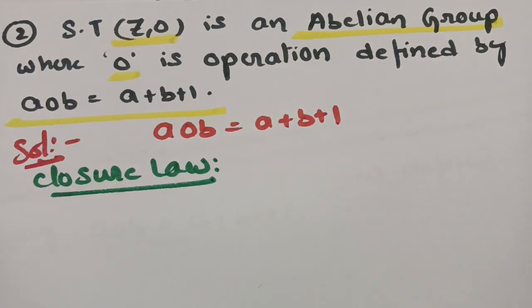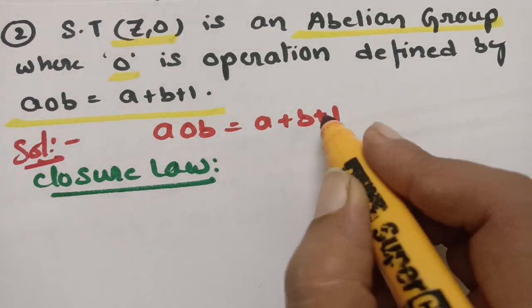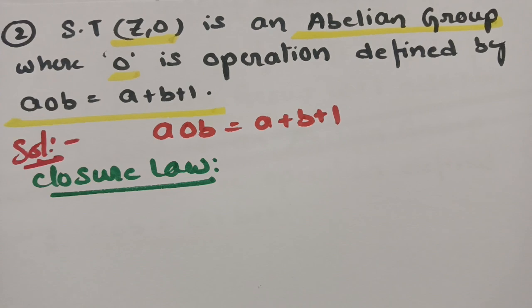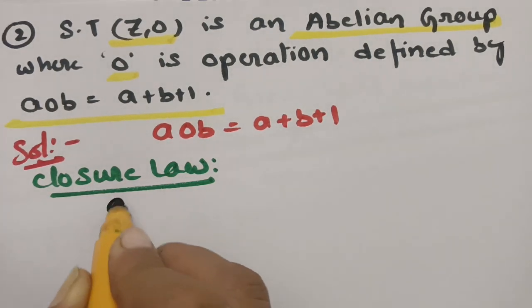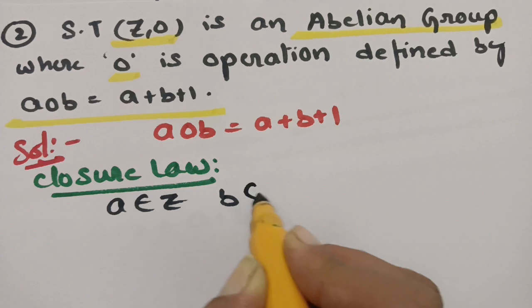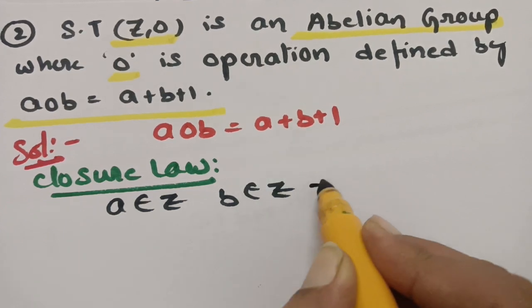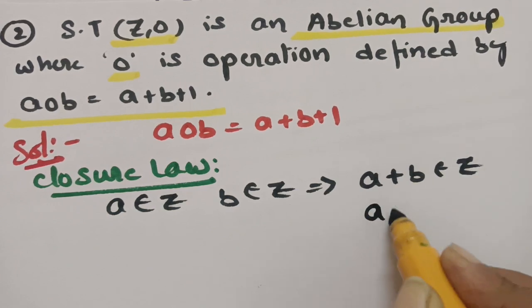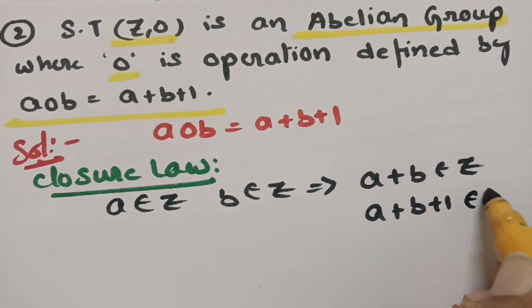Here a and b are integers, and the set is the set of integers. If a is an integer and b is also an integer, the addition is also an integer. Clear? If you add 1, that is also an integer.